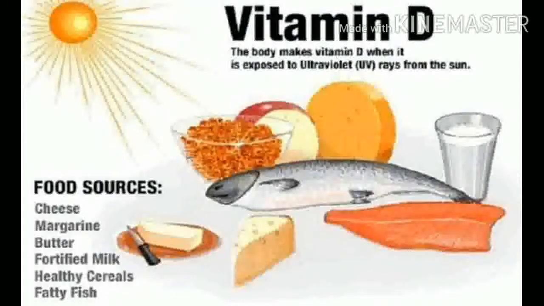That is, dehydrocholesterol is converted into vitamin D. Our skin has this cholesterol which is converted into vitamin D. Hence this vitamin is called the sunshine vitamin. Understood clearly? Vitamin D is called the sunshine vitamin. This vitamin D also improves bone strength and helps in absorption of calcium from the food we are eating.